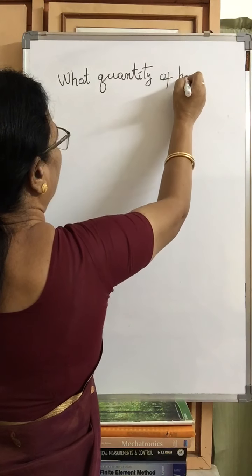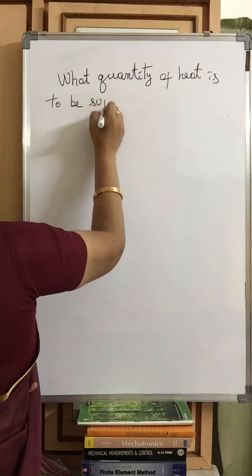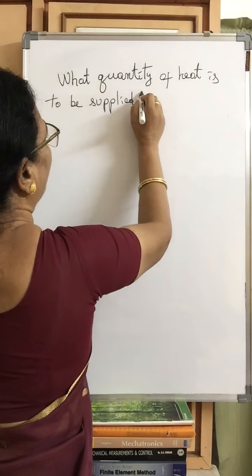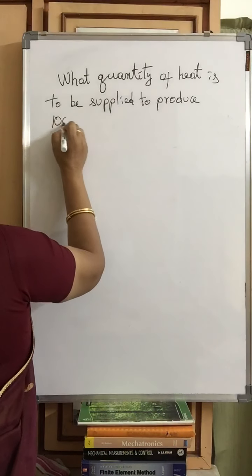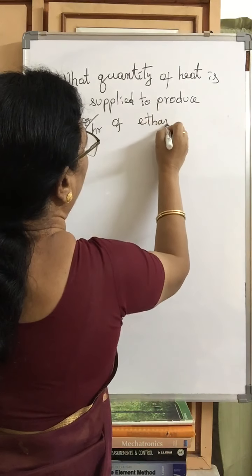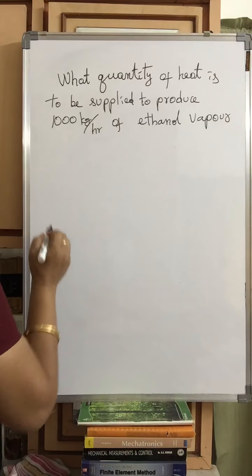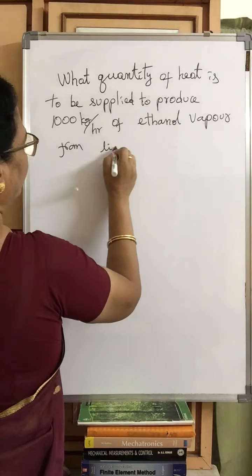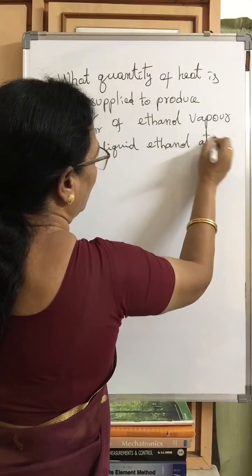Consider ethanol. What quantity of heat is to be supplied to produce 1000 kg per hour of ethanol vapor from liquid ethanol at its boiling point?